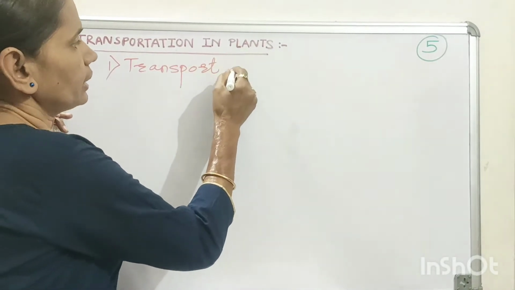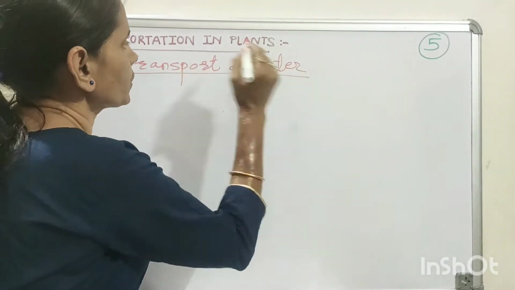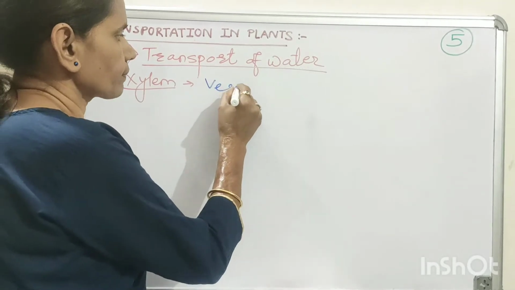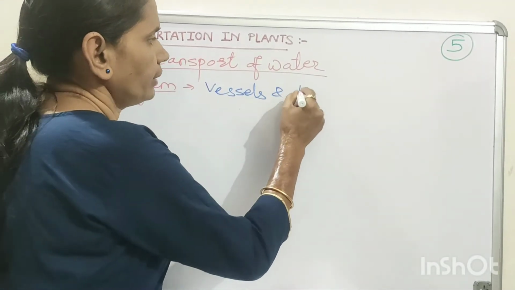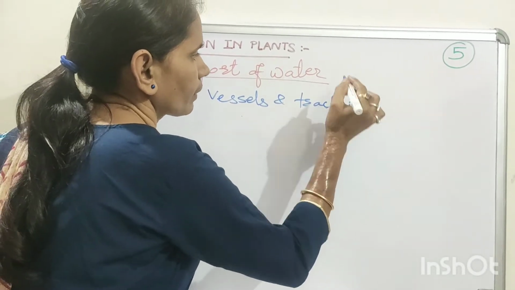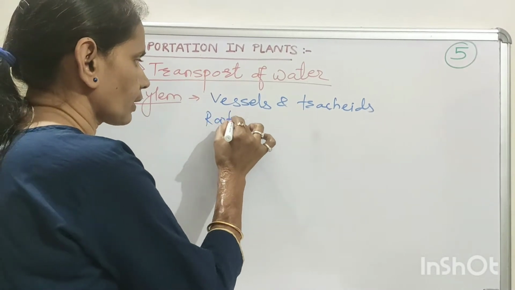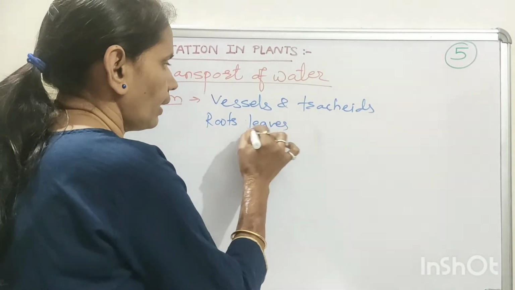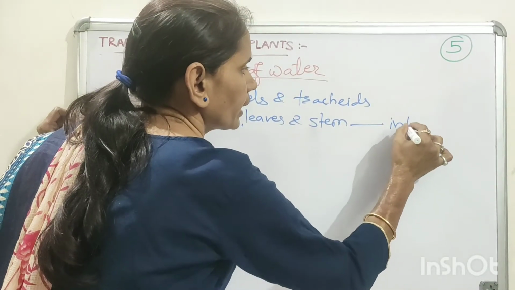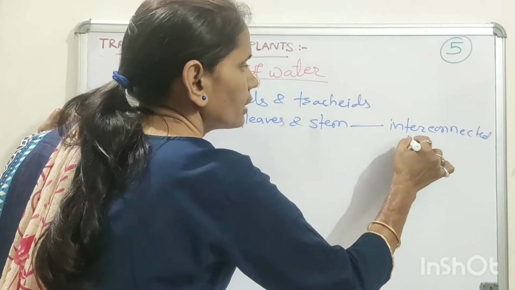Now, the transport of water is carried out by the special tissue system, that is xylem. So, the vessels and tracheids of roots, leaves and stem, all these are interconnected in the xylem.